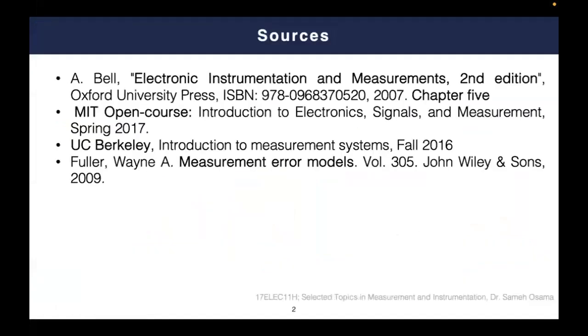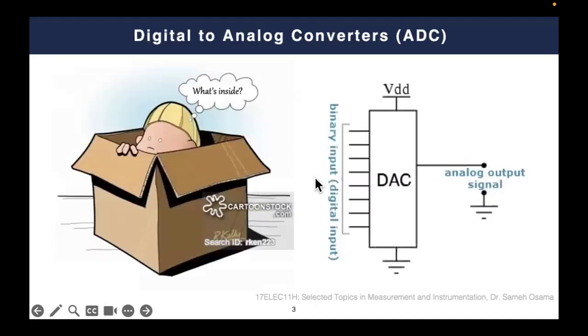As usual, we start by referring to our textbook, Electronic Instrumentation and Measurements by Bell, where you can refer to chapter 5 for DACs. You also have additional online resources that you can find on our e-learning page. So let's go to what is inside a digital to analog converter.